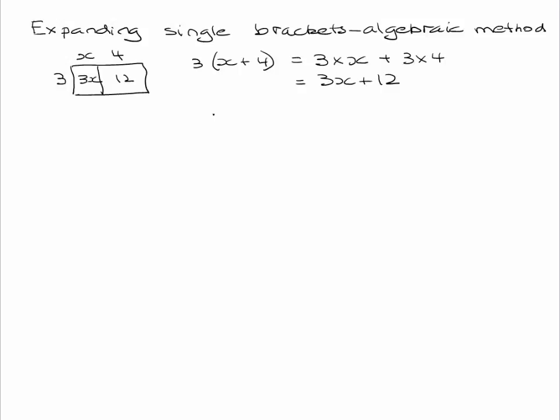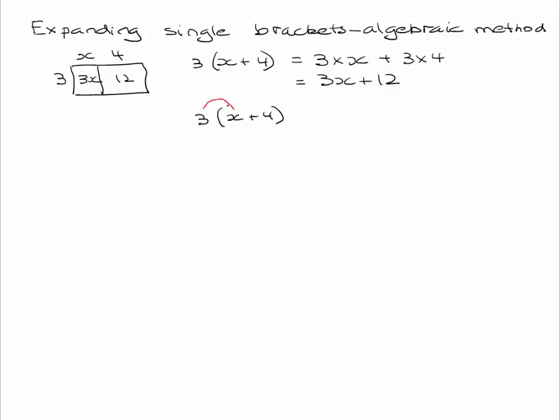Now let's have a look at doing that without using the area. When we have a number outside the brackets, it means that everything inside the brackets is multiplied by that number. So a 3 outside of x plus 4 means that the 3 is multiplied by the x and the 3 is multiplied by the 4.